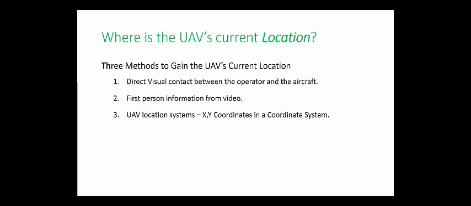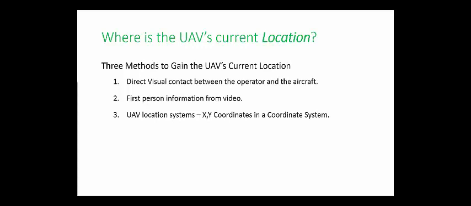So really we can think about three methods of gaining a UAV's location within the entire UAS. When we include the operator, we can see that the first method is something we probably can all imagine, and that is just direct visual contact between us, the operator, and the aircraft itself.